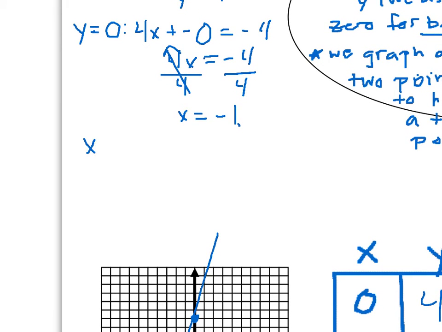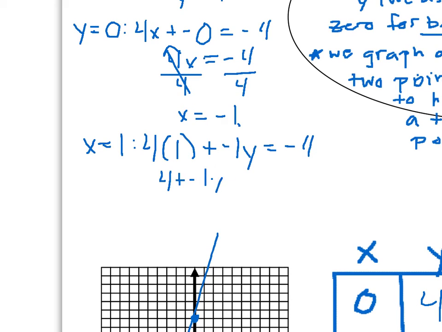So for x equals 1, I get 4 times 1 plus -1y equals -4. That's 4 plus -1y equals -4. Now I need to solve this equation. Jasmine, what's the first step?